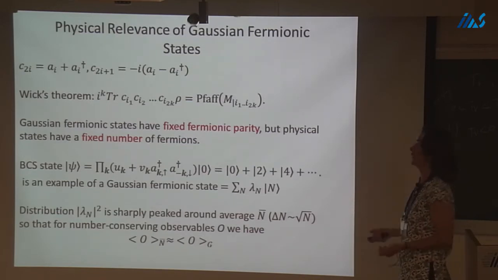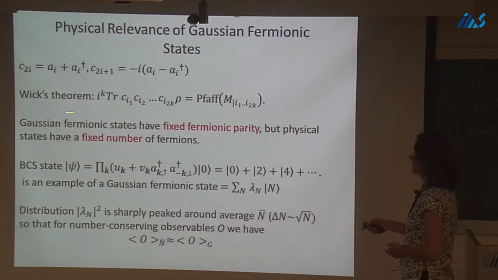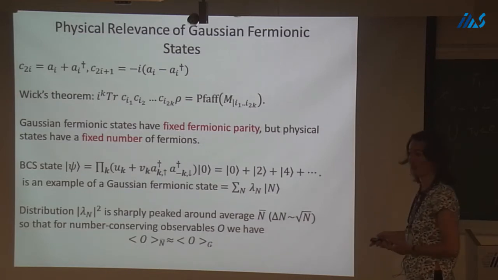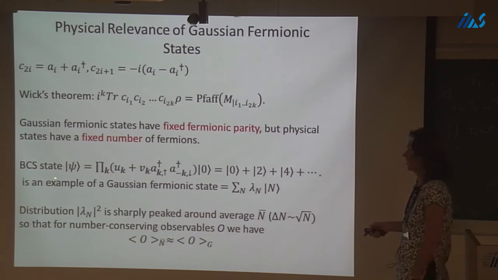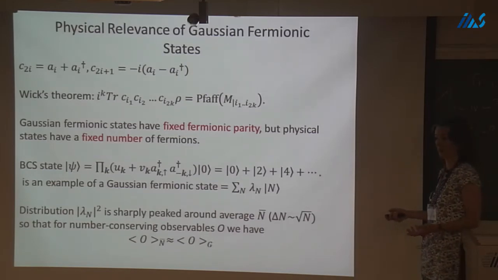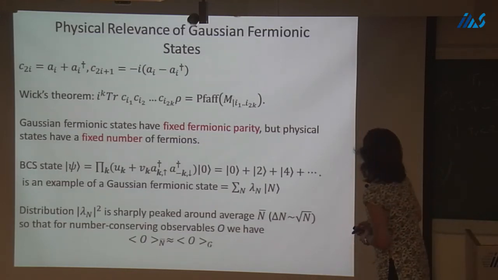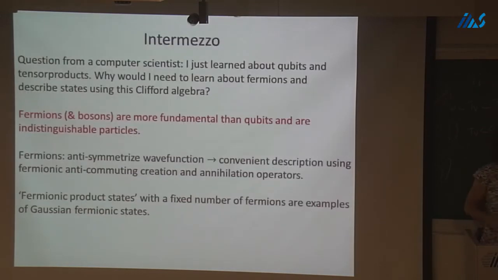So you cannot have a state where the number varies. These are maybe not entirely physical, but you can look at approximated states. And the point is that the physical states may be much harder to work with, analytically or numerically. There's more to be said about that, but I will skip this.